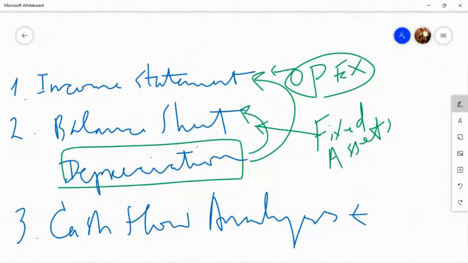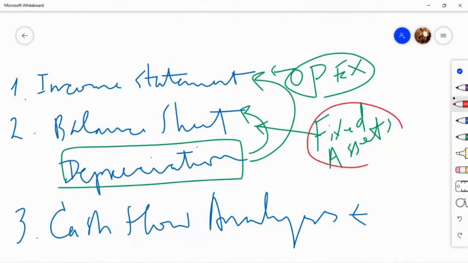All the assets age. With age they wear and tear. As you use them, things break down. Cars get old. So obviously the value cannot be the same.